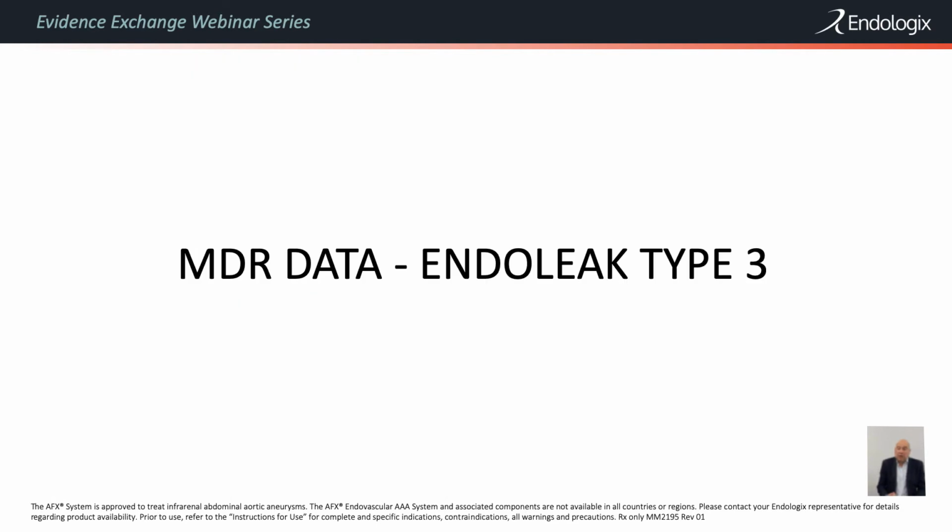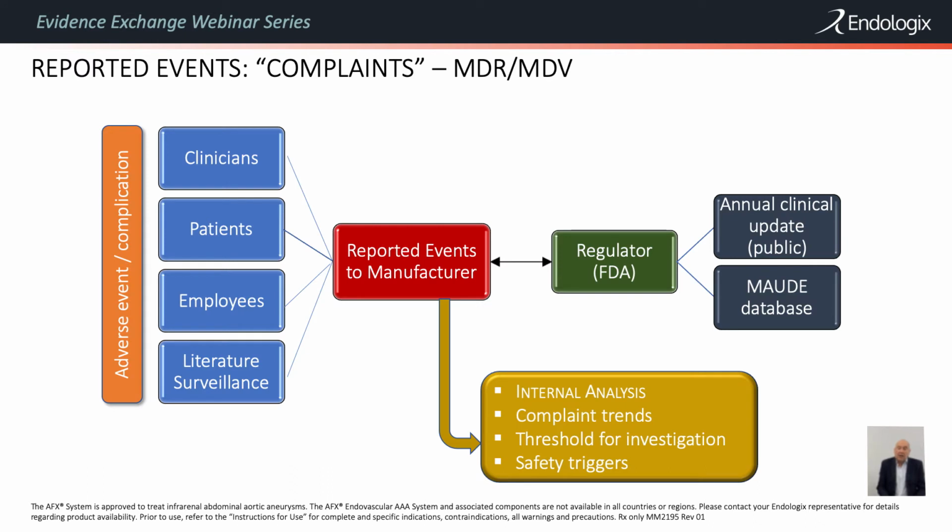If I look at our large big data set, this is MDR data. So these are complaints, and actually there are advantages to this in that it's a large data set. It's evaluating all of our patients, but obviously what we have to factor in is that reporting is not 1-to-1.